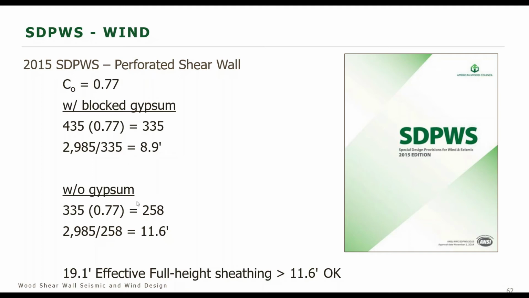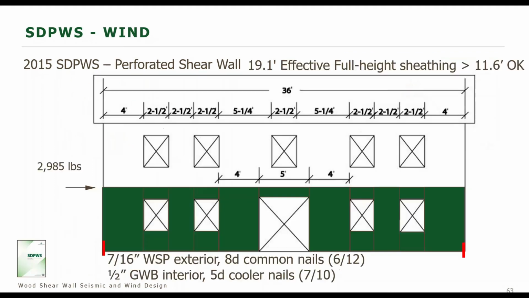Without gypsum, we run a similar capacity calculation, and we see that we need 11.6 feet of full height effective sheathing length. So looking at our wall, we're providing 19.1 feet, which is greater than both the 11.6 value and the 8.9 value. So we're good on that.